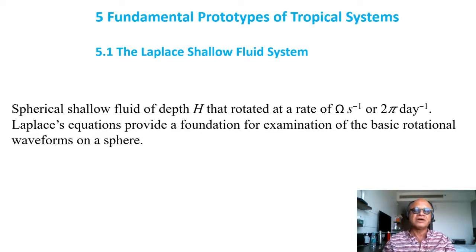So he made some assumptions: a spherical shallow fluid of depth h, incompressible, so no density variation effects, rotation 2 pi per day or omega per second, and it can be used to build a shallow water ocean system, which can be then applied to the real ocean and the atmosphere, and then we'll make a stratified atmosphere system to see how the vertical modes and the horizontal modes and the scales are all intimately tied together.